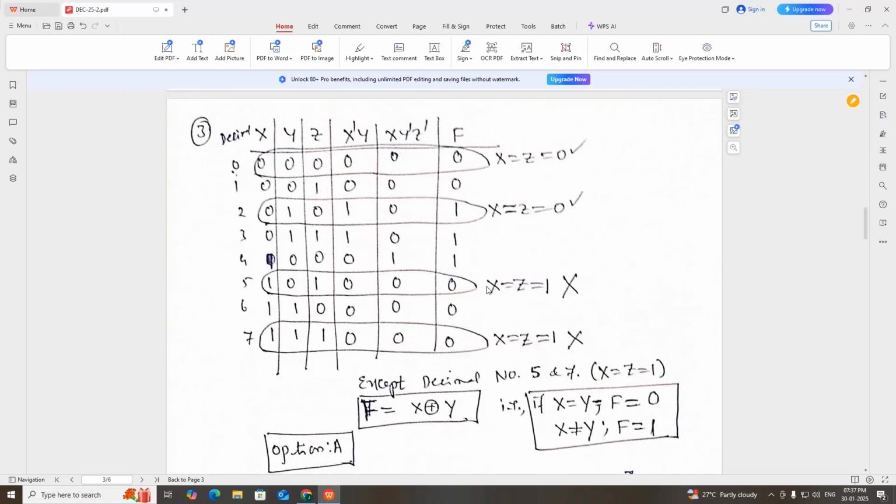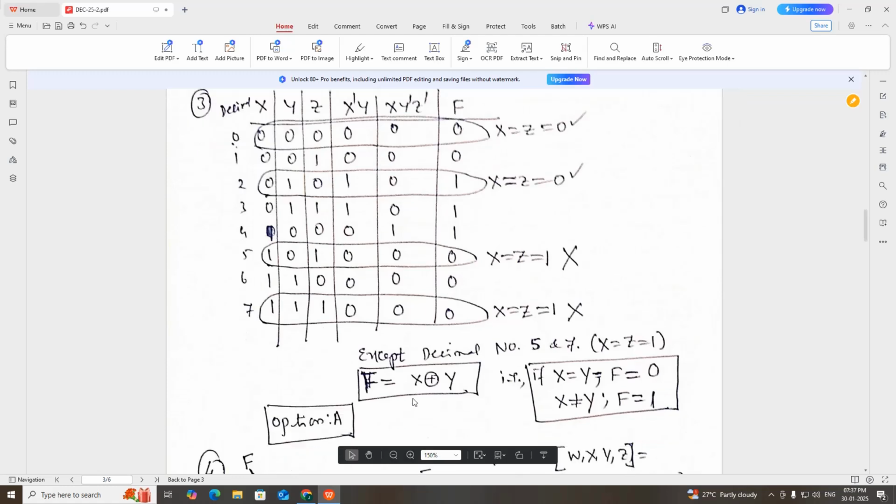So if you see here, X equal to Y, therefore F equal to 0. In this case, X is not equal to Y, therefore 1. In this case, X equal to Y, therefore equal to 0. So therefore this is nothing but an XOR operation.